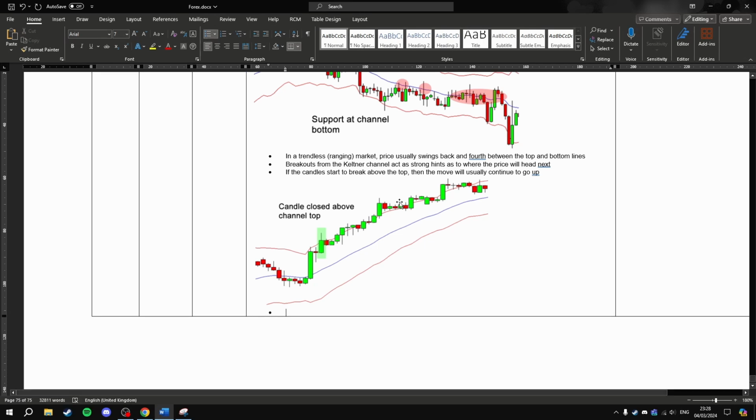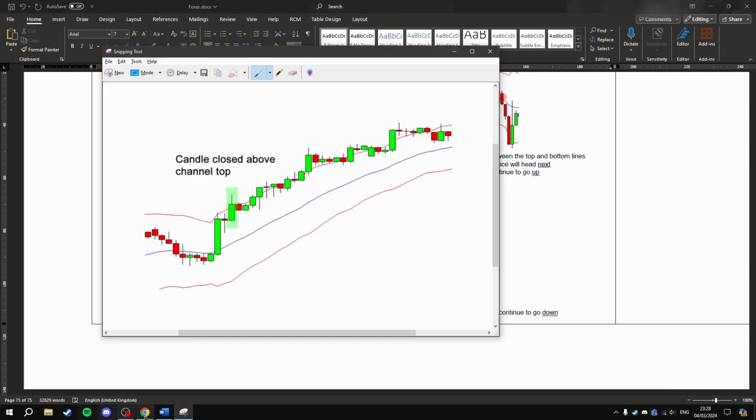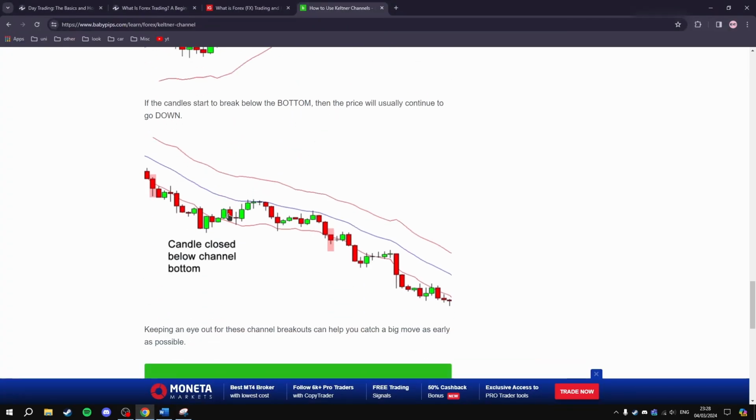I'm assuming the opposite. If the candles start to break below the bottom, then the move will usually continue to go down. Okay, yep.